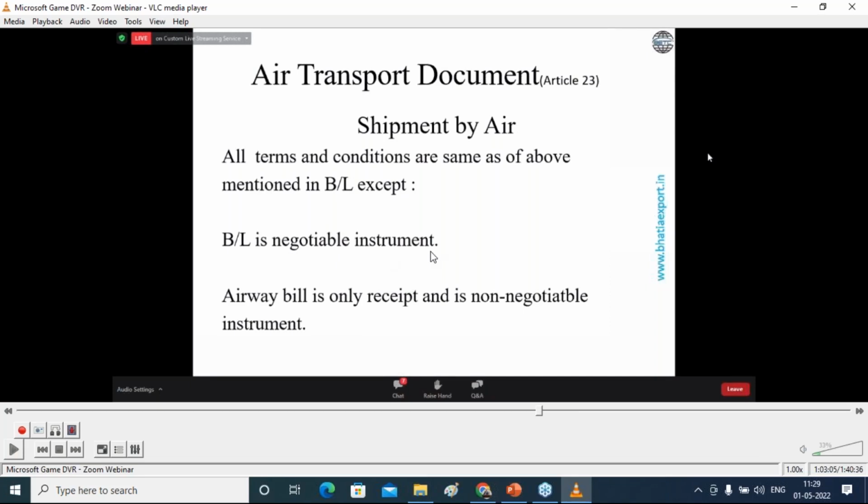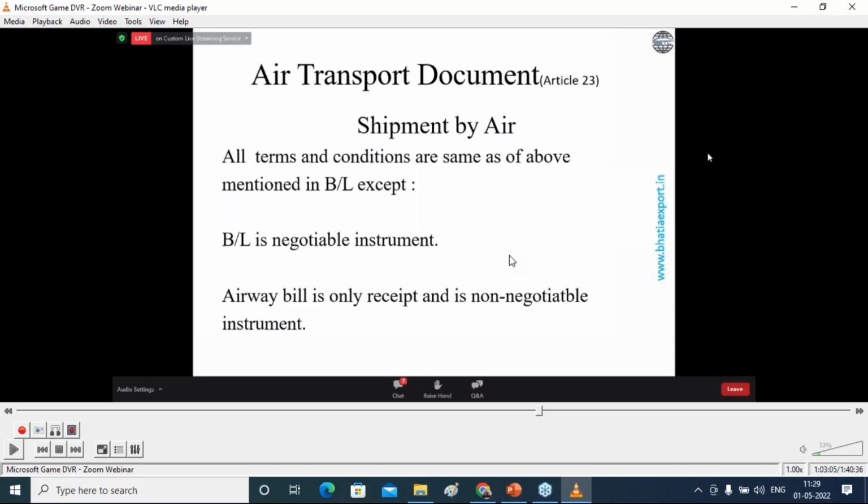A BL is a negotiable document, meaning whoever presents the document, the carrier will hand over the goods to them. But an airway bill is not a negotiable document. A BL is a title to goods, but the airway bill is not.